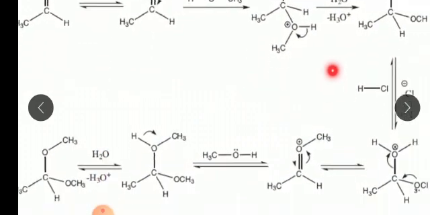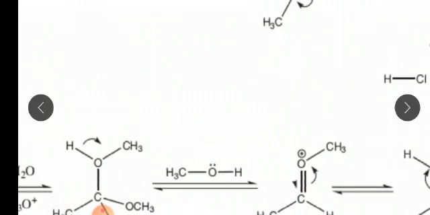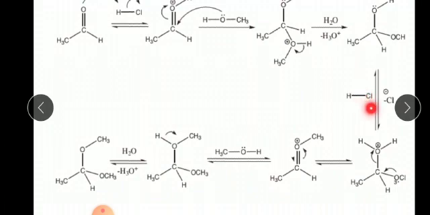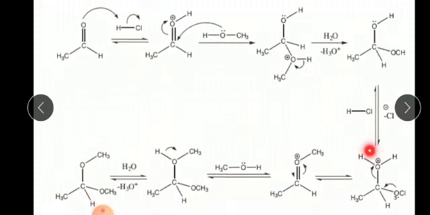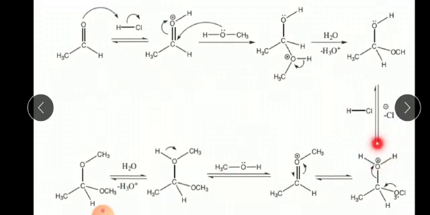This is the first step for one methanol, and the same thing: the same HCl is going to be added for the second methanol. So HCl is added again here, H plus Cl minus, the hydrogen is added here, then Cl is removed, minus Cl. Then the rearrangement takes place here, because a water molecule is formed, and the water molecule is going to be removed separately, and here the OCH3 bond will be shifted here, it becomes a double bond.